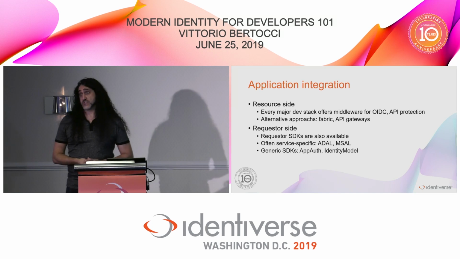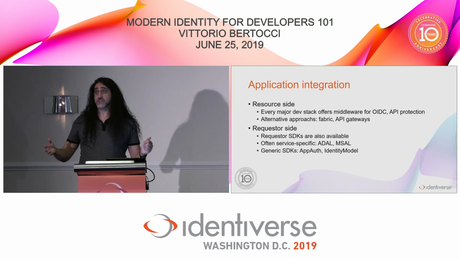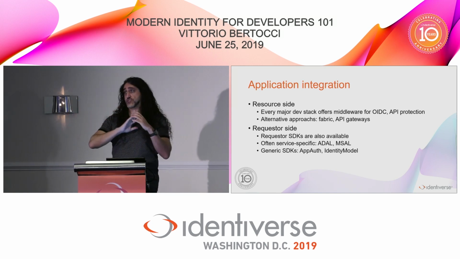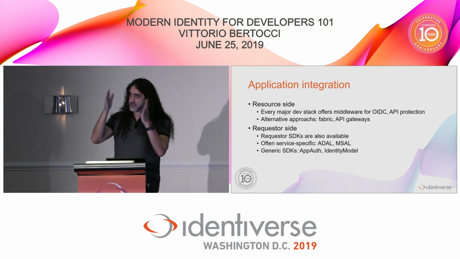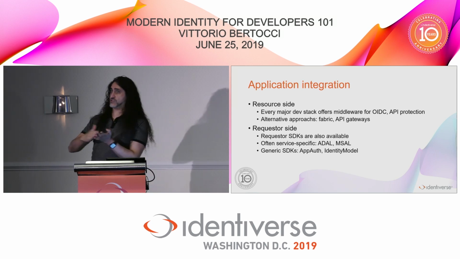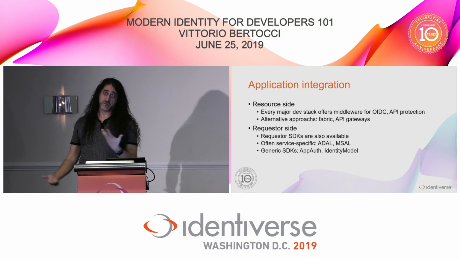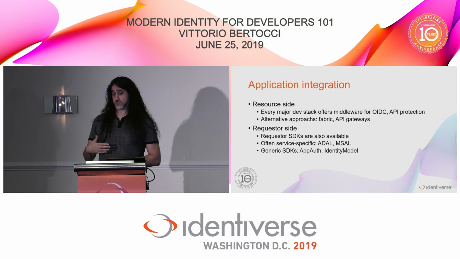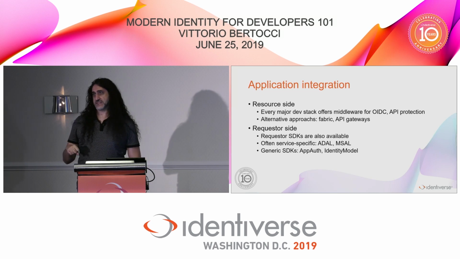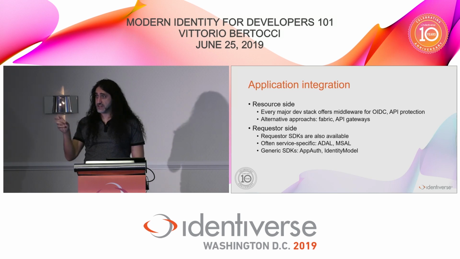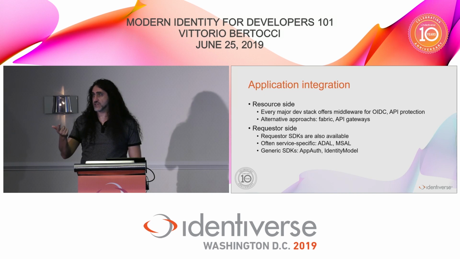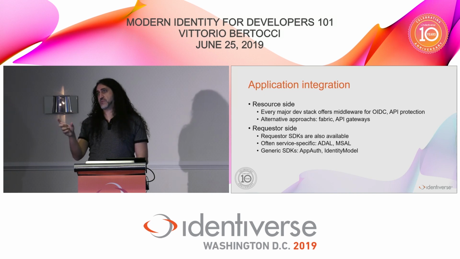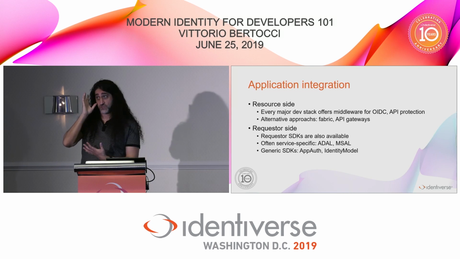There are other approaches, such as a gateway, which is the choke point through which all of your requests go, and then from the gateway to your application, you might have other means of securing the call. And yet another method is to use what I call fabric, as in if the hosting that you have has some feature that automatically injects support for authentication, as is the case for some of the big cloud providers, you can do that as well.